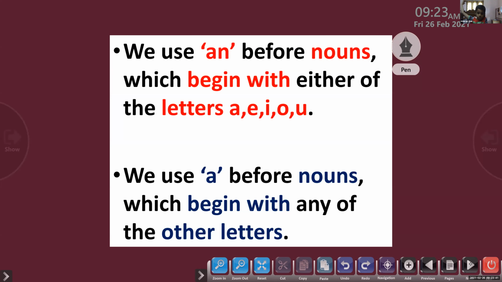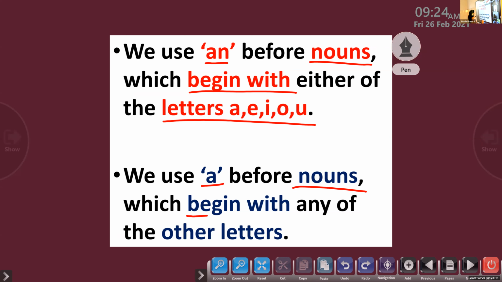Now, next we have to revise the usage of a and an. We use an before nouns which begin with the vowels, that is, the letters A, E, I, O and U. And we use a before nouns that begin with any of the other letters.